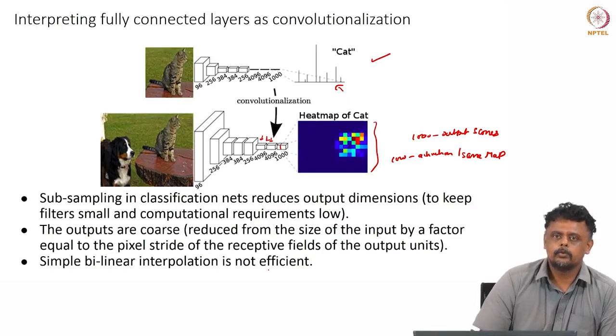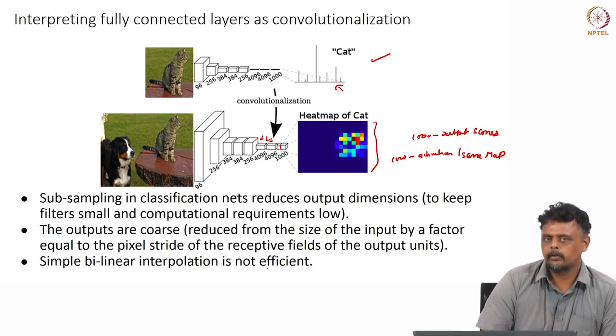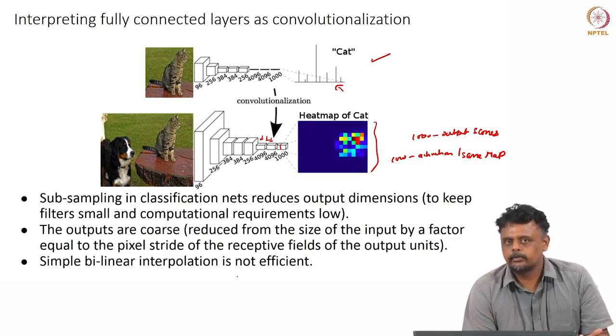Okay. So this is how, by converting from a fully connected image recognition network to a fully convolutional network, the output scores themselves are like images, with the pixel values of those images being the probability of that particular class.